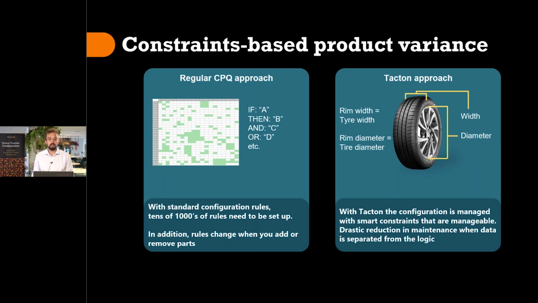This allows us to lower the number of constraints or rules in the system, which of course reduces maintenance. But that's not all.